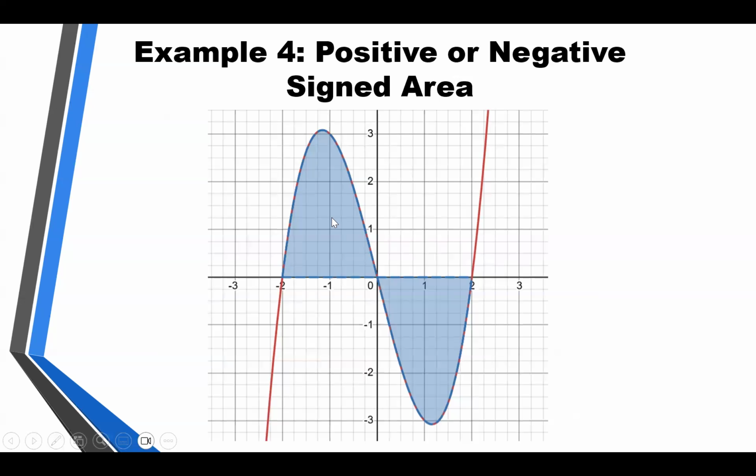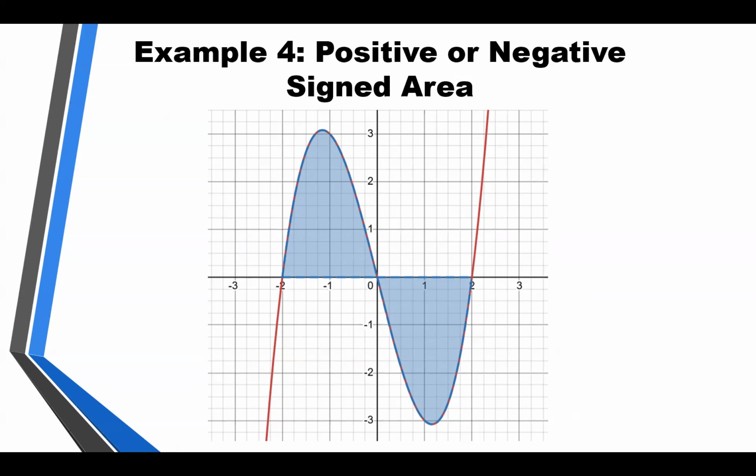And we can see that the signed area from -2 to 2 gives us these two shaded regions, which appear to be the same size. Since one is above the x-axis and the other is below the x-axis, and they appear to be the same size, the total signed area here would appear to be 0.